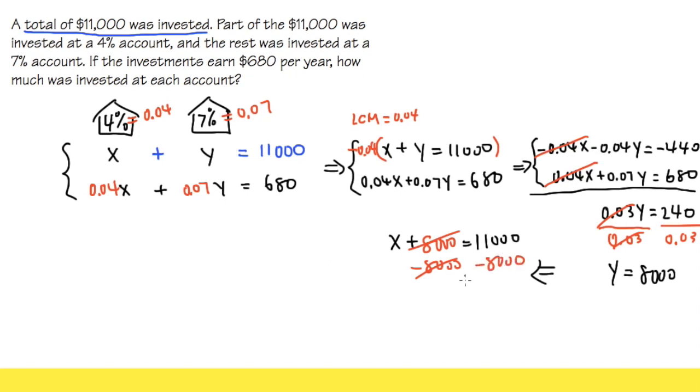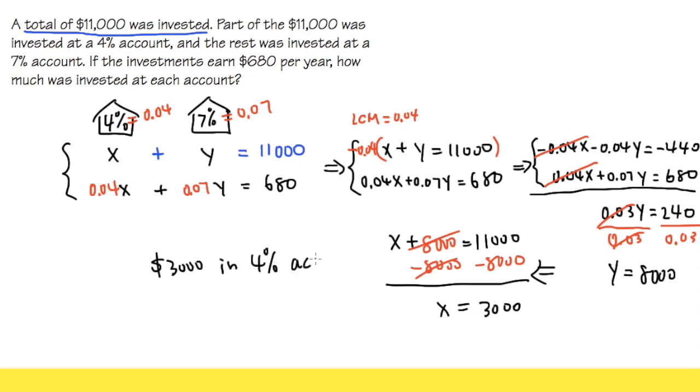And we see that x is equal to 11,000 minus 8,000, that is 3,000. So at the end, this is how we are going to answer the question. The 3,000 is for x, and the x is the amount of money that we put down in the 4% account. So let's write down, we have $3,000 in the 4% account.